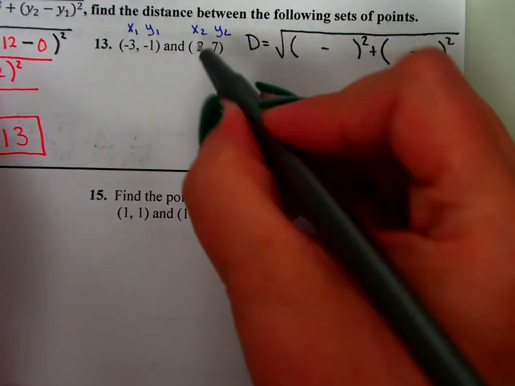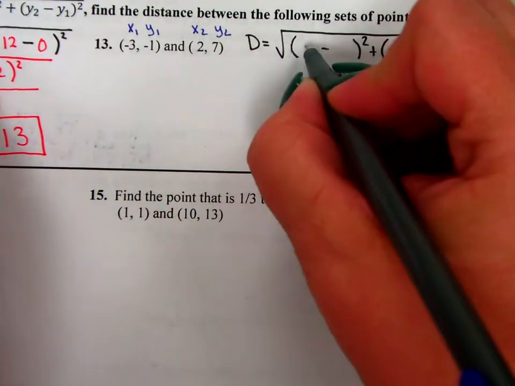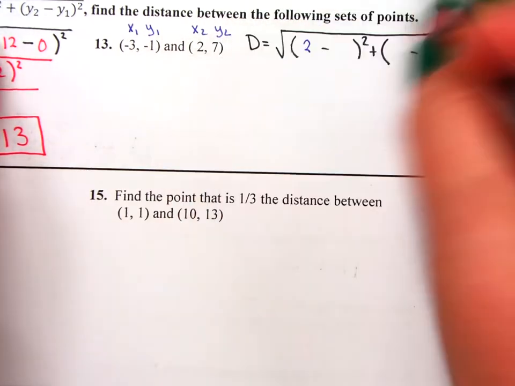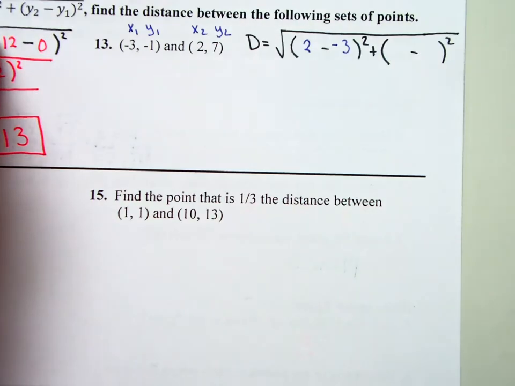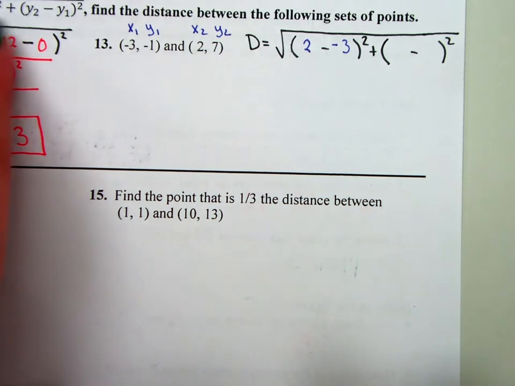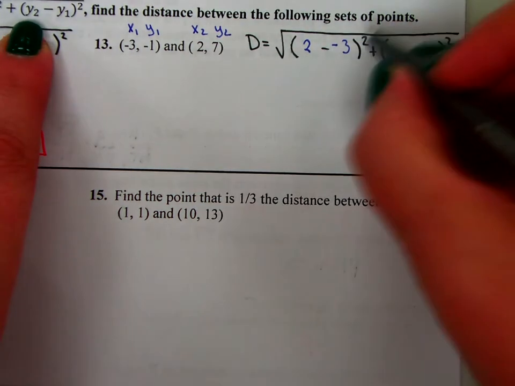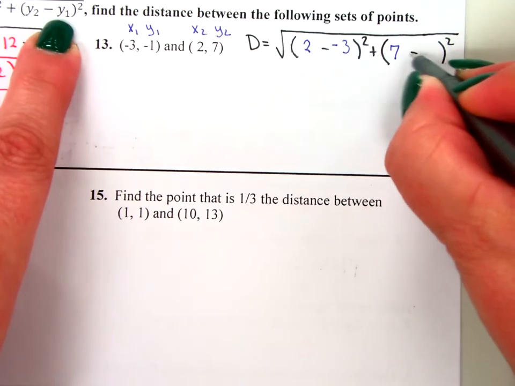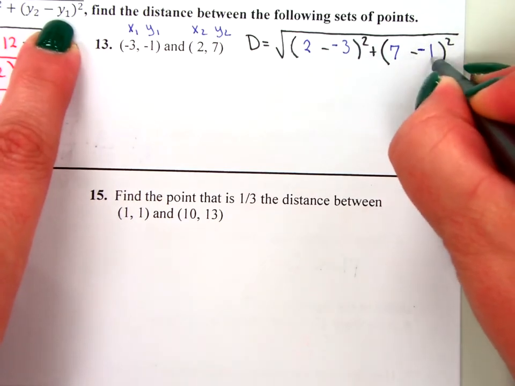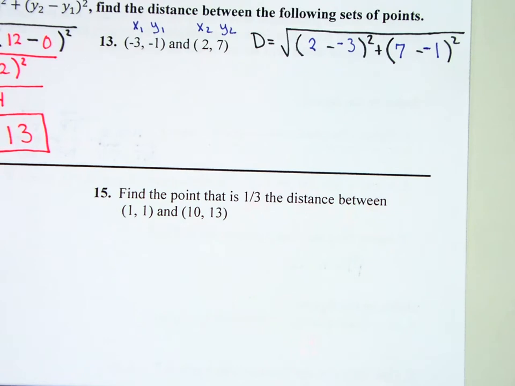And then we just fill in. x2 is 2. x1 is a negative 3. I already have the minus in there, but I still need to put the negative with the 3. y2 is 7. y1 is negative 1. And I have the minus in there, but I have to fill in the negative 1.